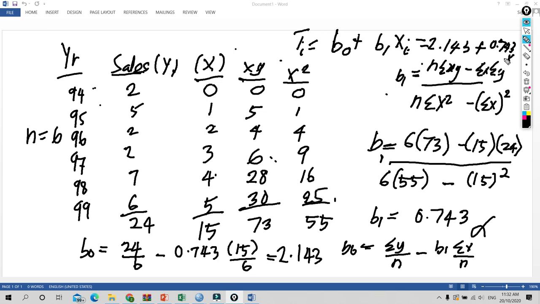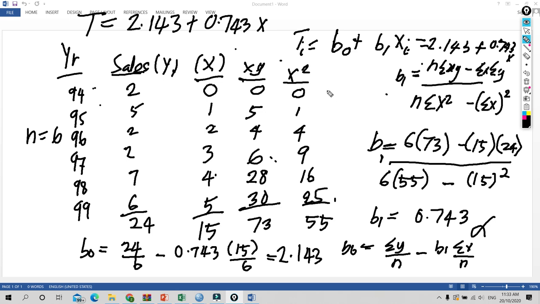This is our trend line. So I just write here, your t is equal to 2.143 plus 0.743 multiplied by x. So this is your trend line.